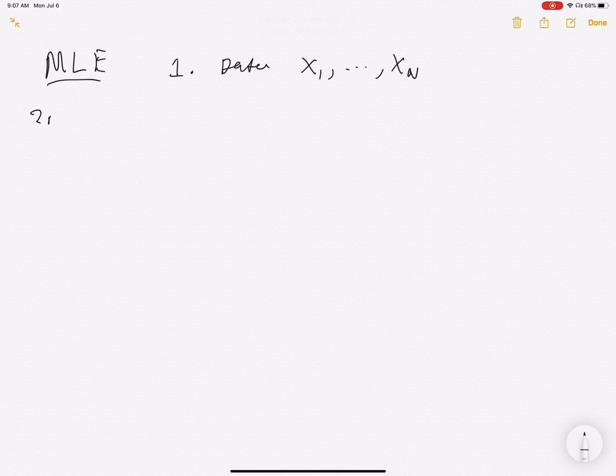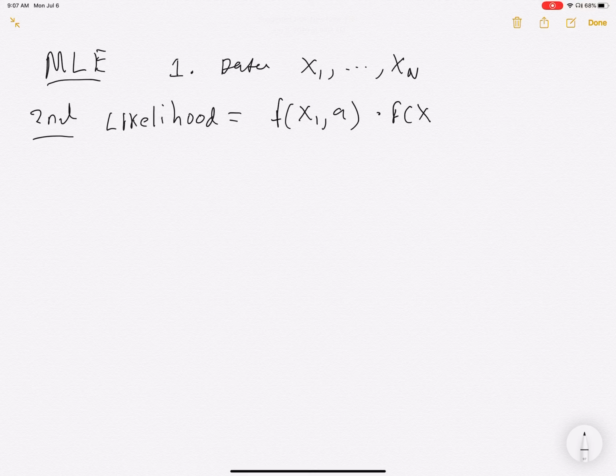And our second is to form the likelihood. That's going to be f of x1 with the unknown parameter times f of x sub 2 with the unknown parameter times f of x sub n with the unknown parameter.